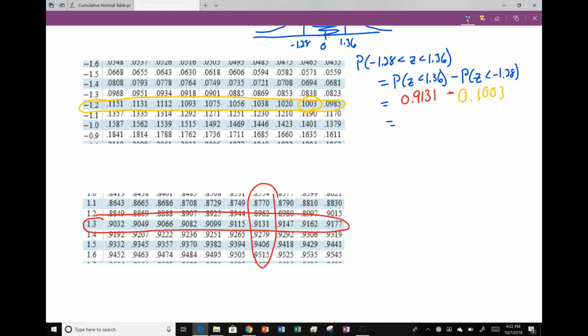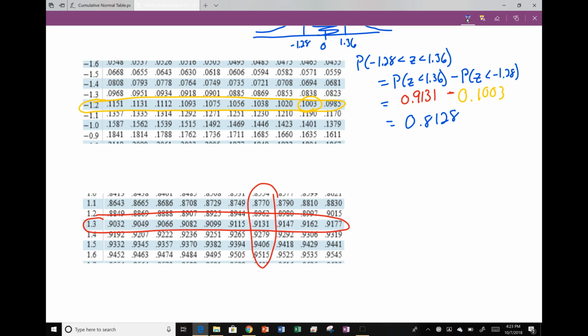When I subtract these two, it's going to be 0.8128. So the probability that z is in between negative 1.28 and positive 1.36 is going to be 0.8128. Now, maybe you forget which order to subtract. Maybe you try taking this value minus this value. Remember, probabilities must be between 0 and 1.